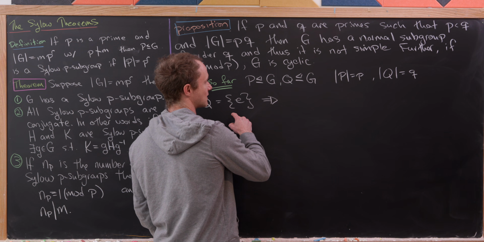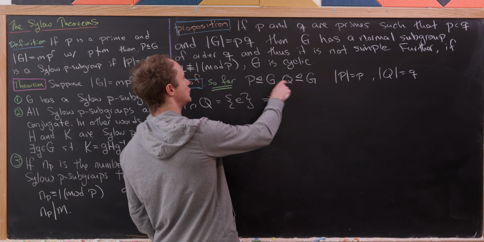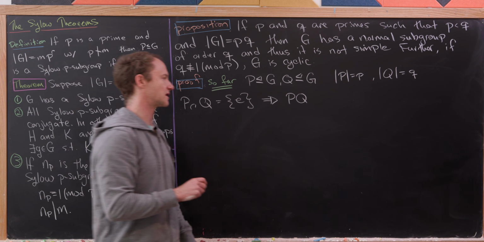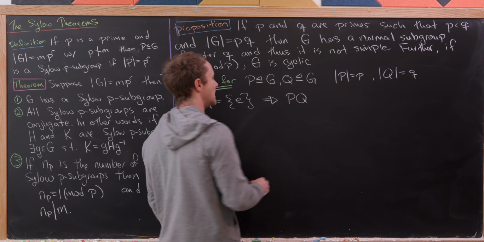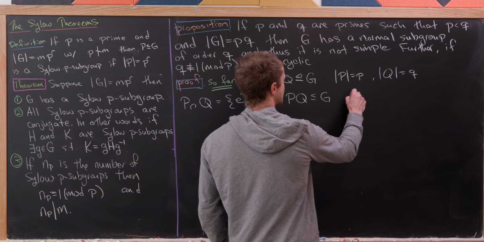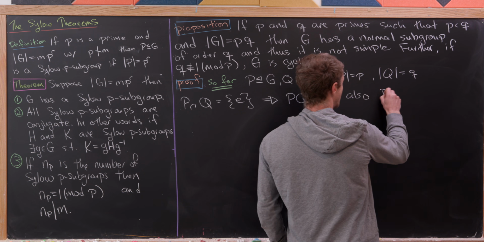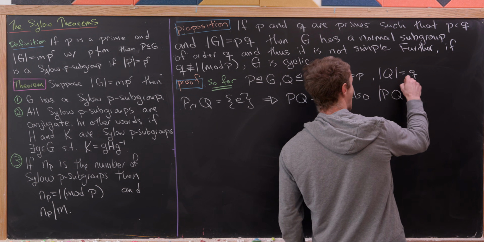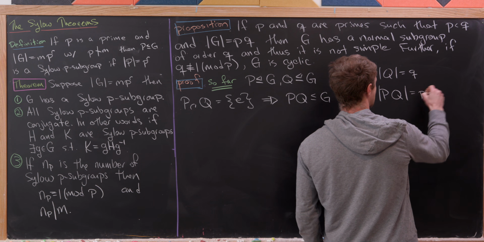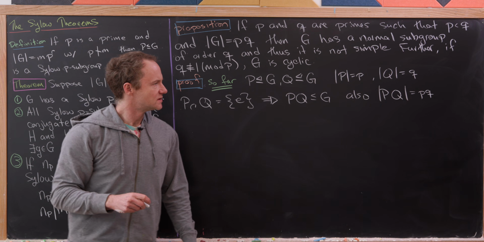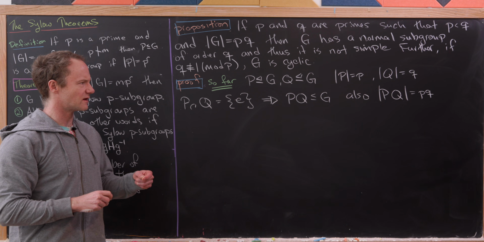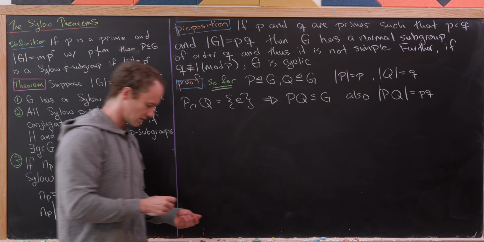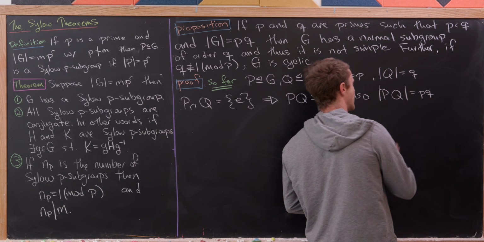Well, let's observe that we have 2 normal subgroups. So that means that we have their internal product, P times Q, and that's going to be a subgroup of G. And then also we know that this internal product, PQ, has order little p times little q. And so that's because you can write the order of this product subgroup as, well, let's just recall really quick.